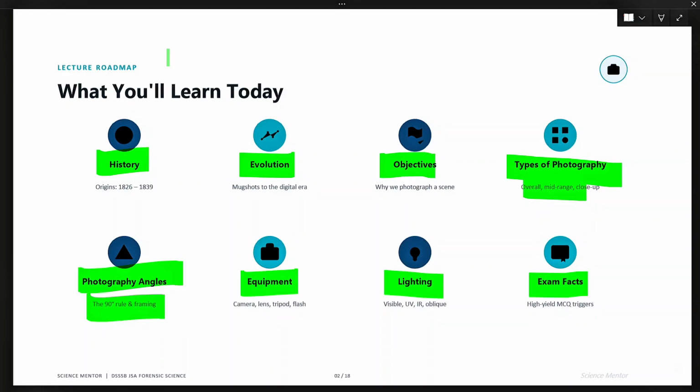In the history, we will study how forensic photography began. In the evolution, how it entered criminal investigation. Then objectives: why forensic photography is necessary. And we have to study the principles also, the rules every forensic photographer should follow. So let me write about the principles.